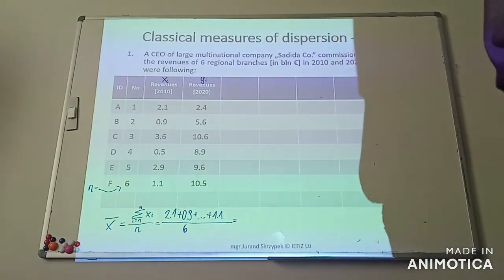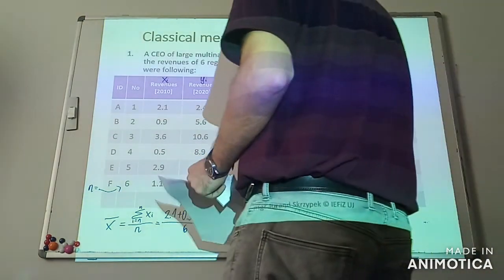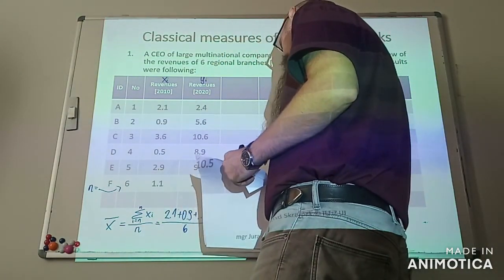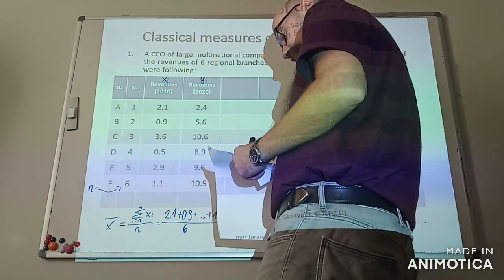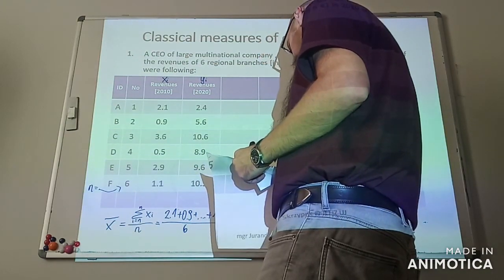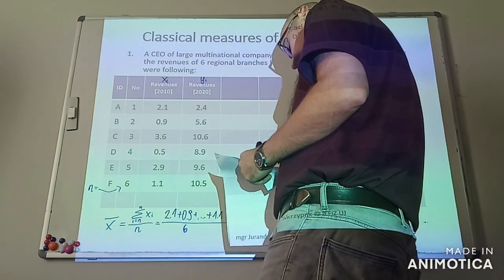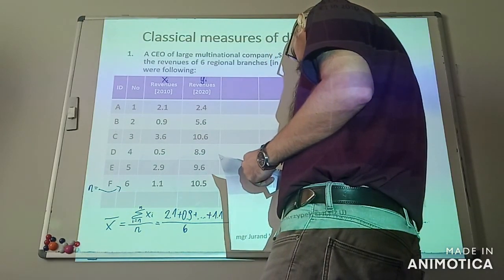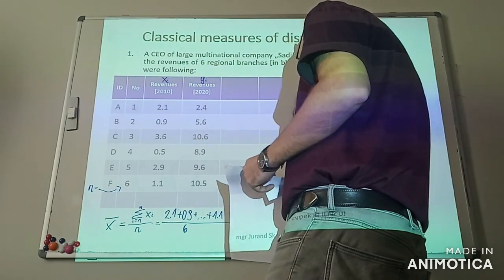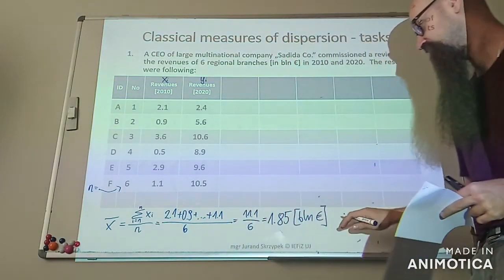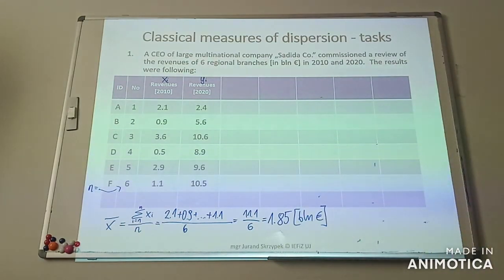And the final result is 11.1 divided by 6, and the average level of the revenues in 2010 is 1.85 billion euros. Yes, this is the interpretation.